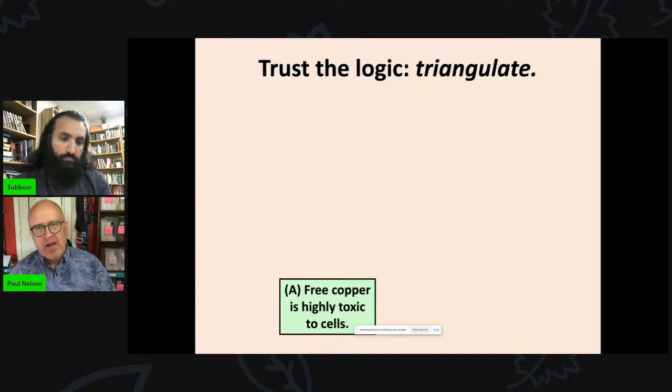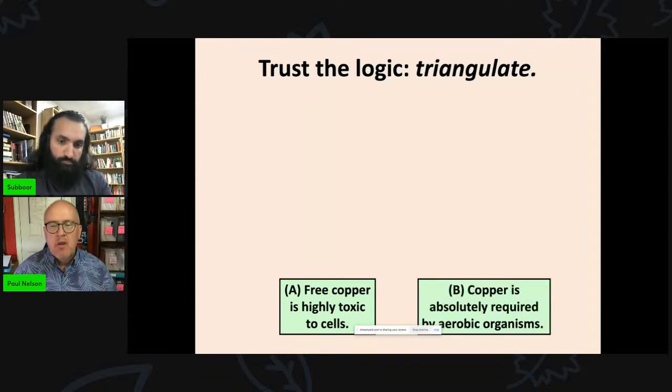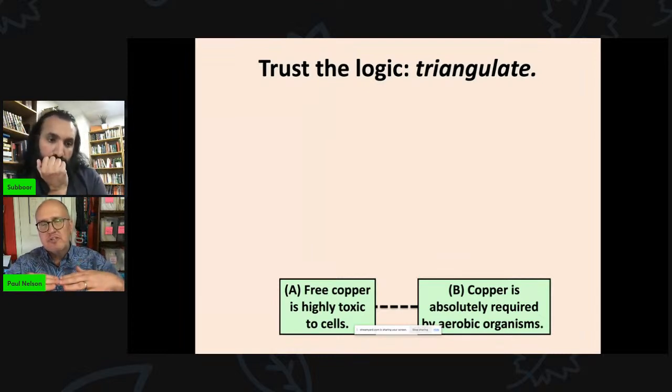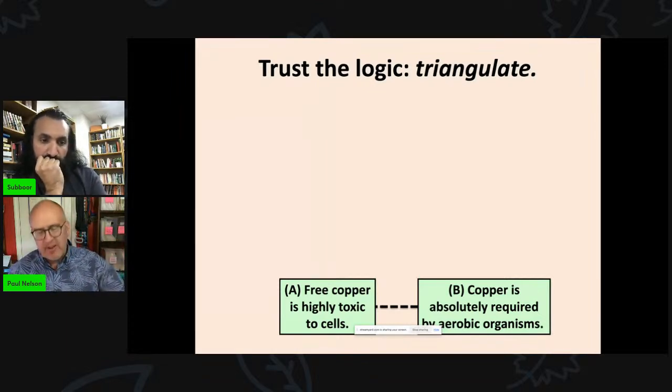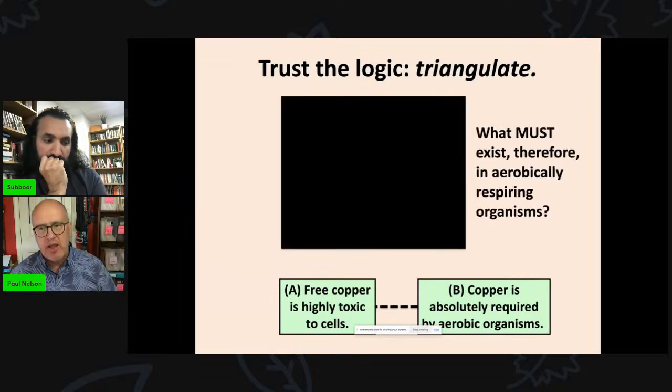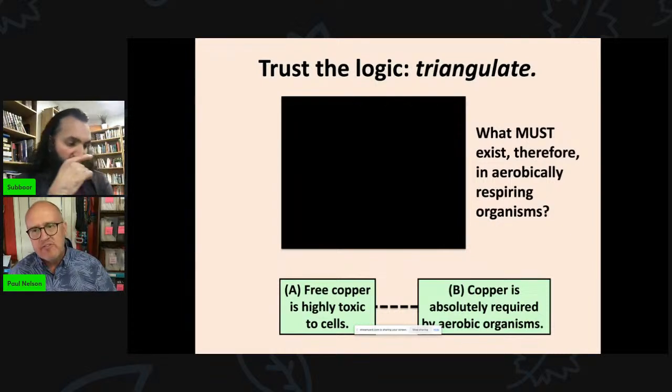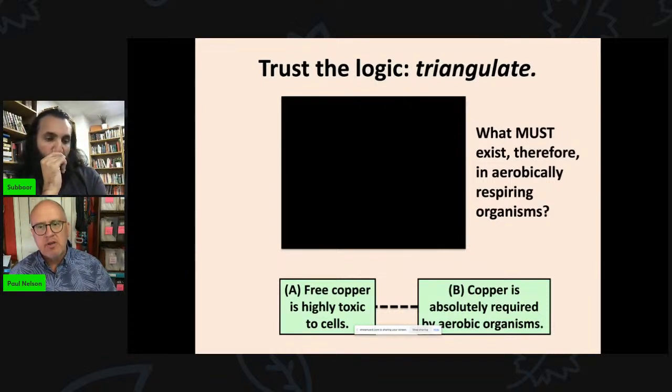So we've got our fact A, free copper is highly toxic to cells, but you have to have it. So A and B both refer to copper. They both refer to cell function, organismal function. In one case, too much copper, otherwise unemployed, as I've put it, is a poison. B, you've got to have it. Now, from those two facts, you can triangulate. What must exist in aerobically respiring organisms like you or me? All right.